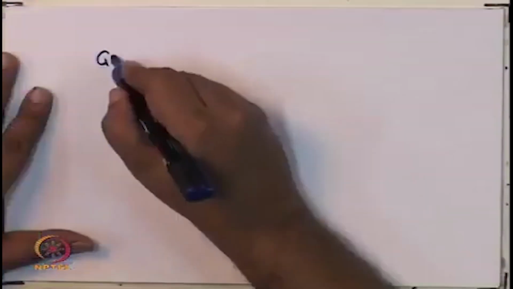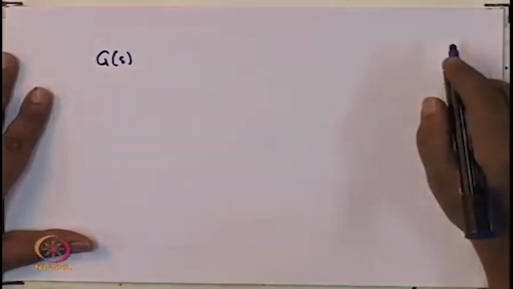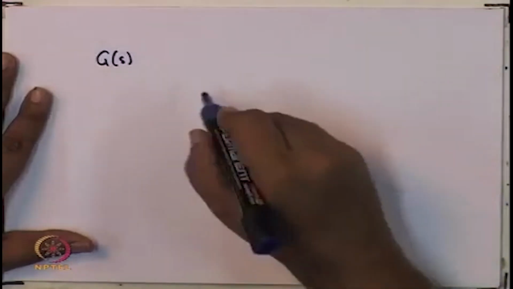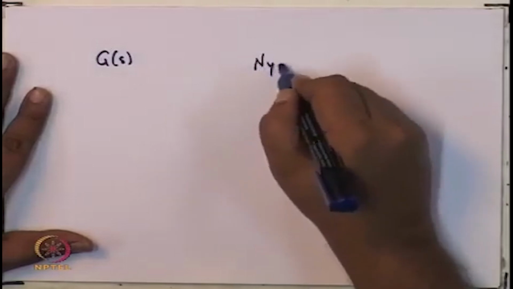So, let me start by revisiting what the definition of positive realness is. Given a transfer function G(s), one definition for positive realness is you look at the Nyquist plot.